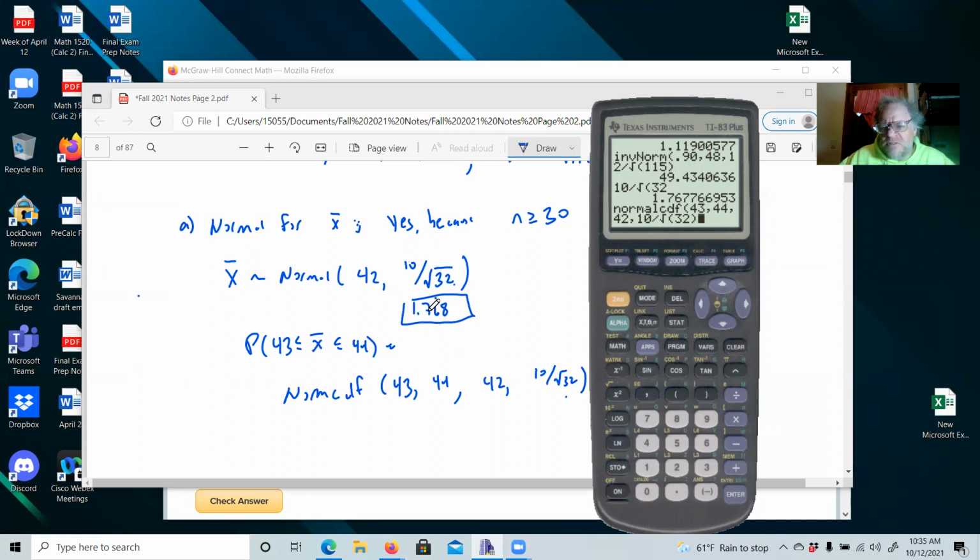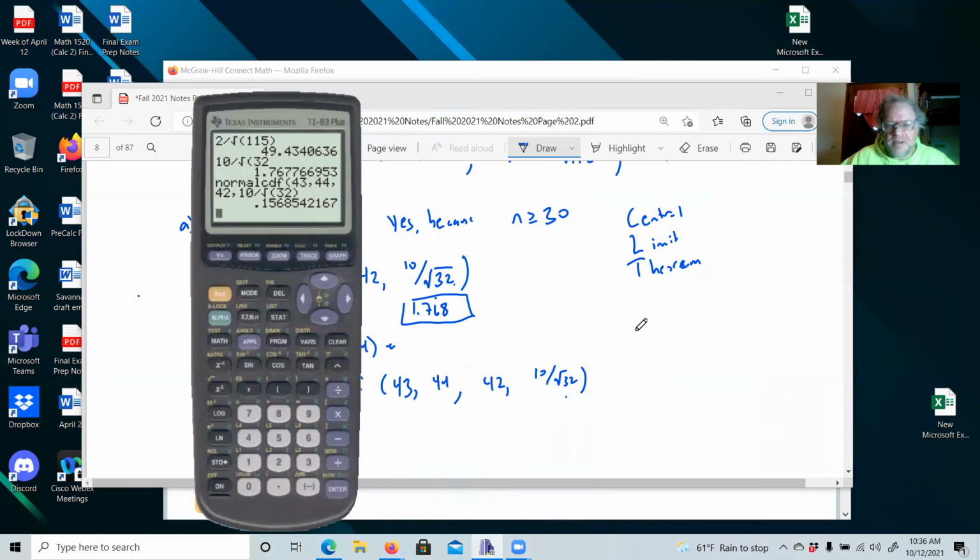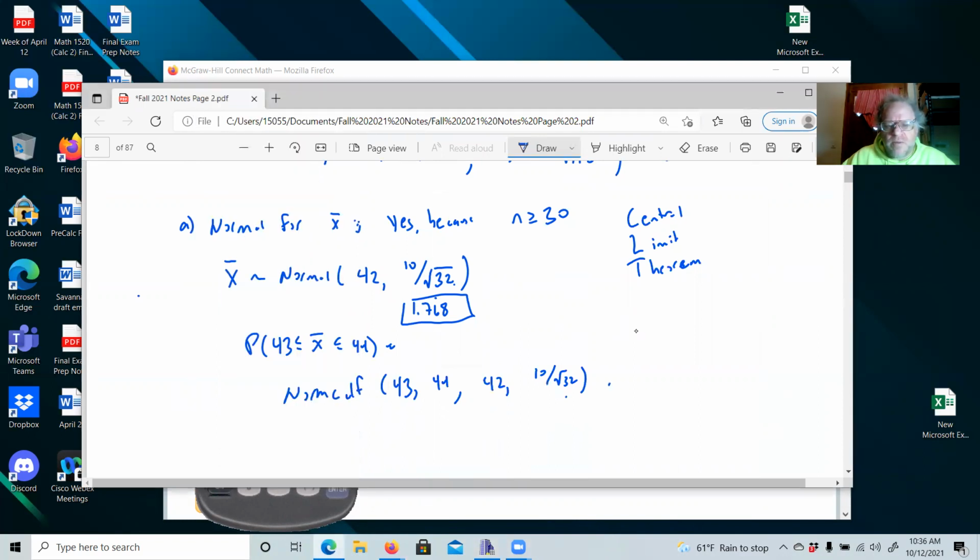The standard error was almost 2-ish, so it's somewhere between a half and 1 standard deviation away. That seems about right. We ended up with 0.15685.